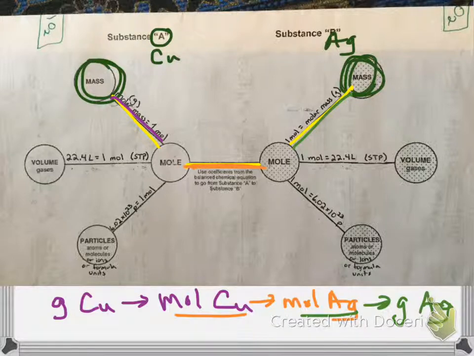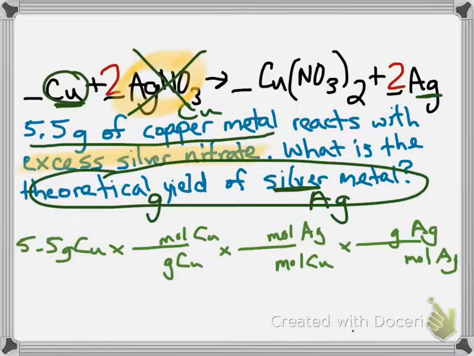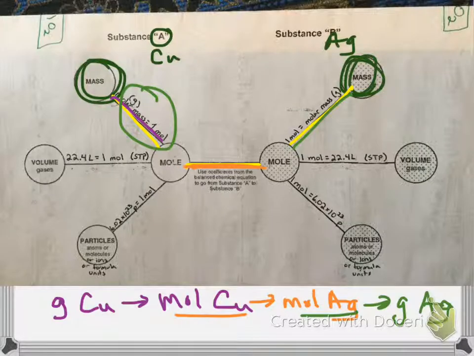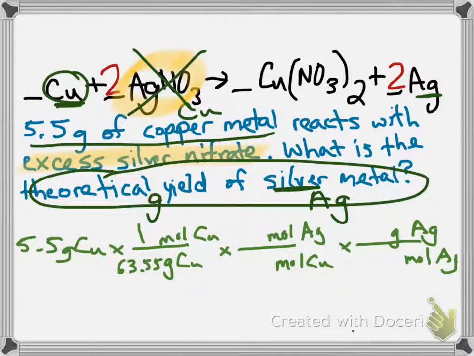So when we convert between grams and moles, we are using 1 mole is equal to the molar mass. So we'll have 1 mole of copper is equal to the molar mass of copper, which can be found on your periodic table. Then when we convert from moles of copper into moles of silver, so that's mole to mole, that's when we use our mole ratio, the coefficients from our balanced equation.